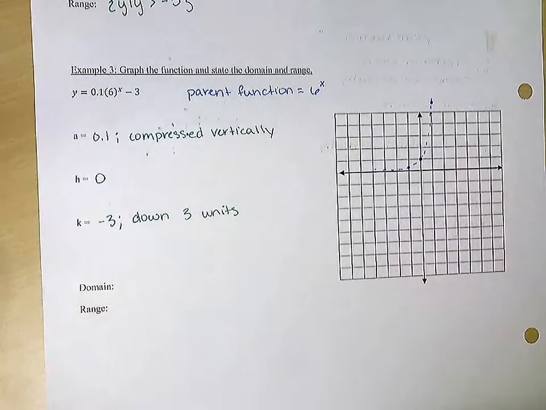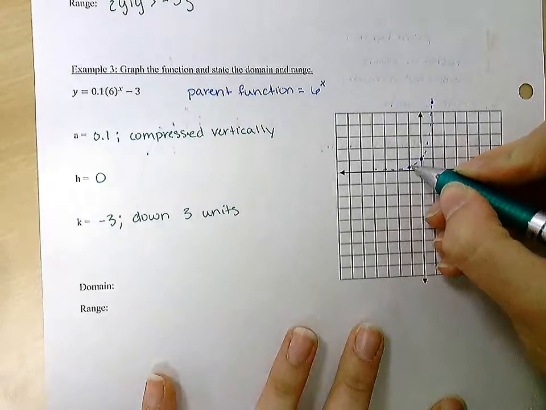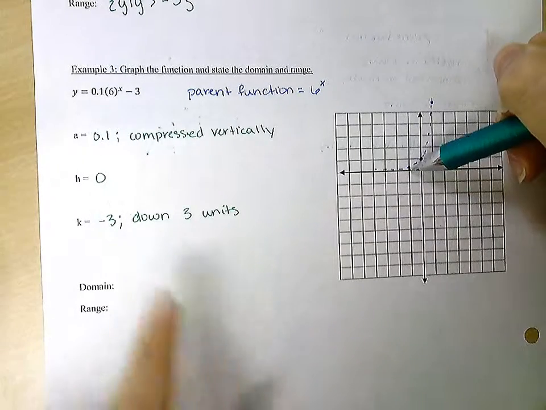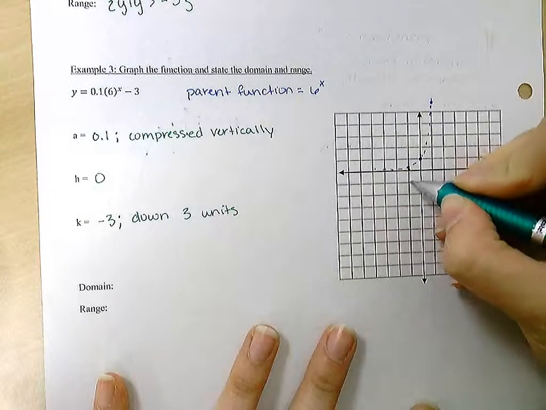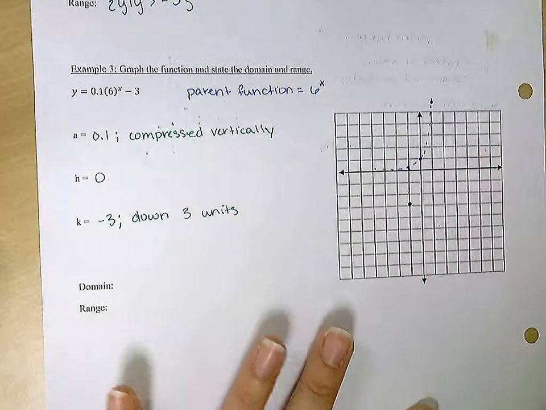And then what we want to do is move that point down 3 units. So I'm talking about this point here. I first multiplied it by 0.1, so that gets it very close to the x-axis. Then I need to move that point down 3 units. So go 1, 2, 3. That's that new point right there.